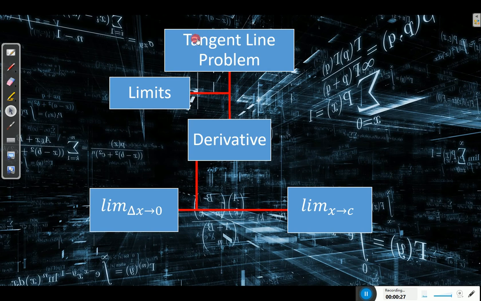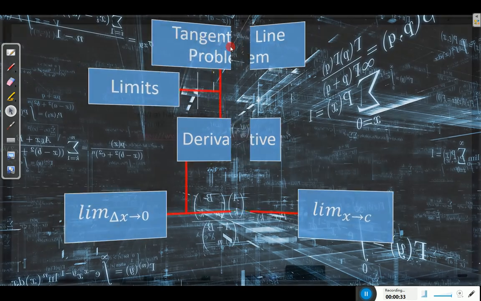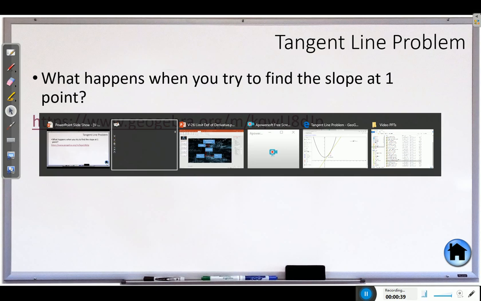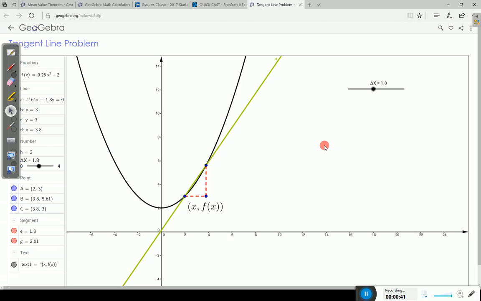But there's a problem if you take a look at the tangent line at one point and you try to do the slope. So let's take a look at that. What actually happens when you try to find the slope at one point? So we've got our slope between 2 points here.